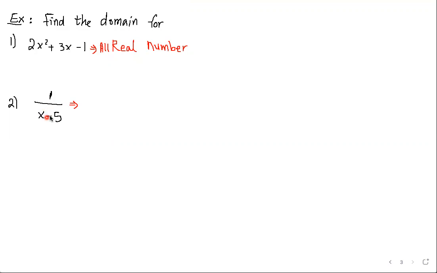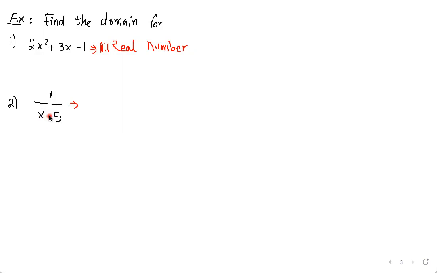So I'm trying to remove the 0 from the denominator. What number plugged into the denominator gives me 0? Positive 5, right? Exactly. So I have to remove the number 5 from the denominator. This is the first step.